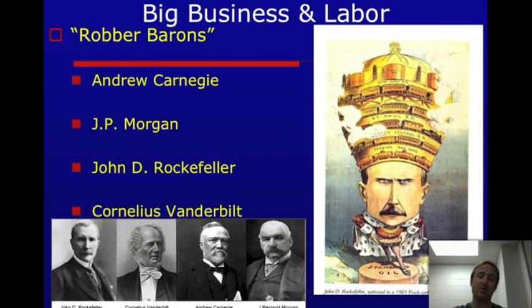John D. Rockefeller's money is going to come through the oil industry. One thing we can say about him is that he is just like many of these gentlemen. He's going to pay his employees very little initially, but he's also going to charge very little for his oil. This is one way in which he drove the competition out of business.